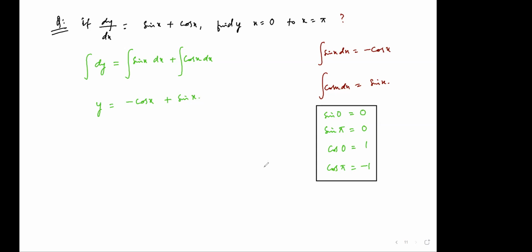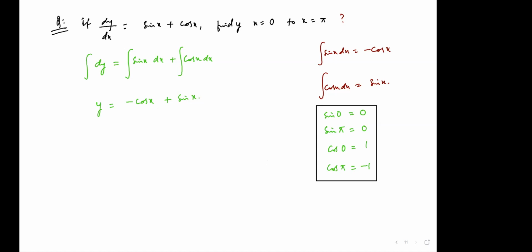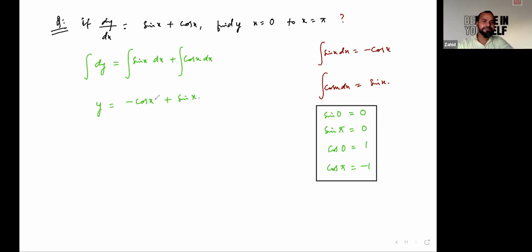Salman? Yes, sir. Salman, is it clear to you? Yes, sir. Okay. So now put the limit from 0 to pi and from 0 to pi, minus being coefficient.